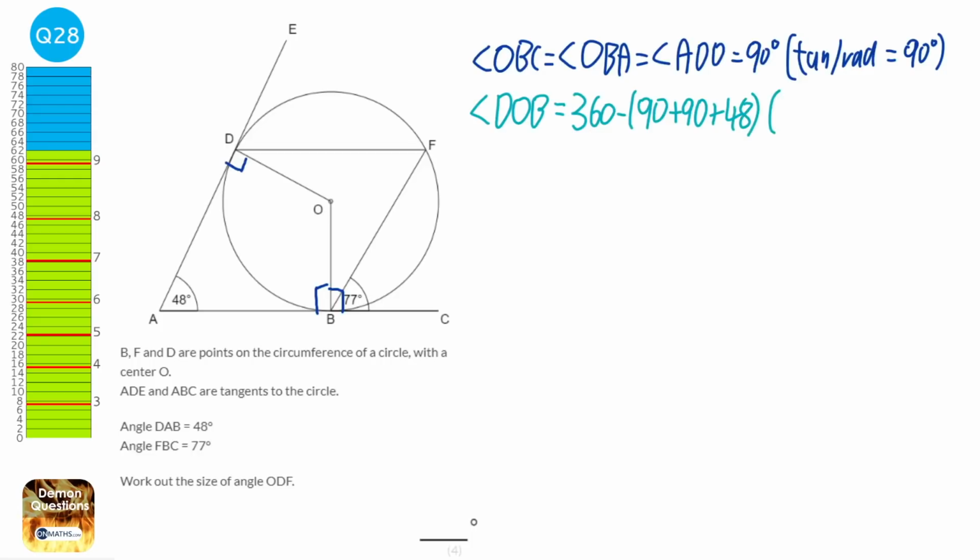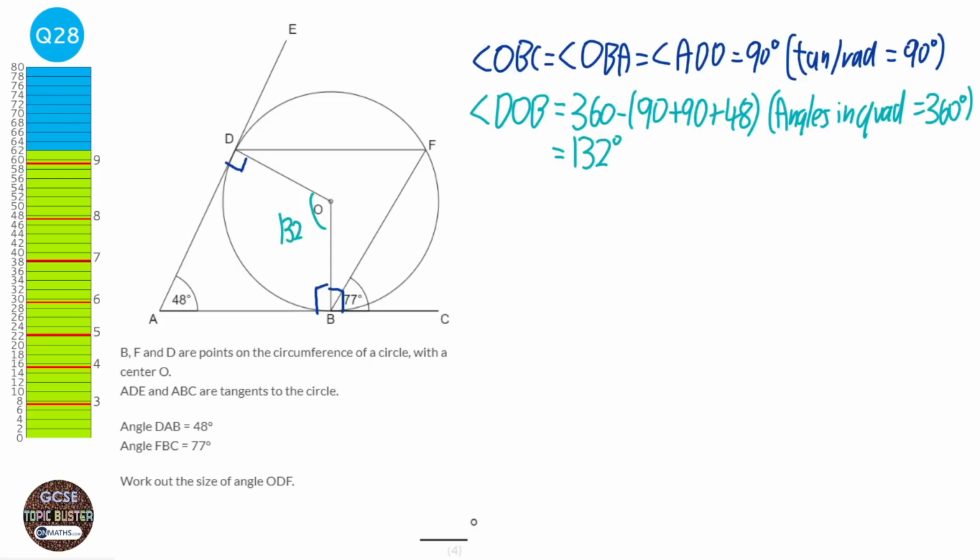And the reason for that is angles in a quadrilateral add up to 360 degrees. And so when you do 360, take away that, you get 132 degrees. So this is 132.